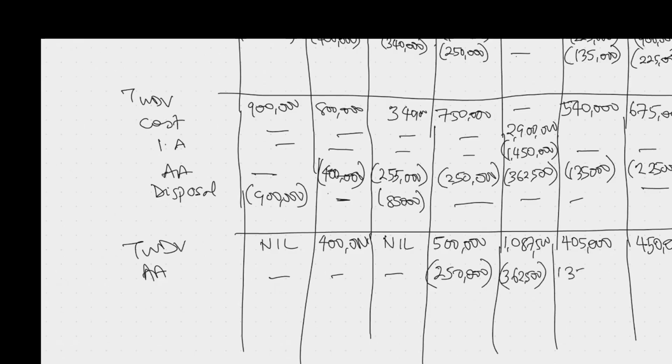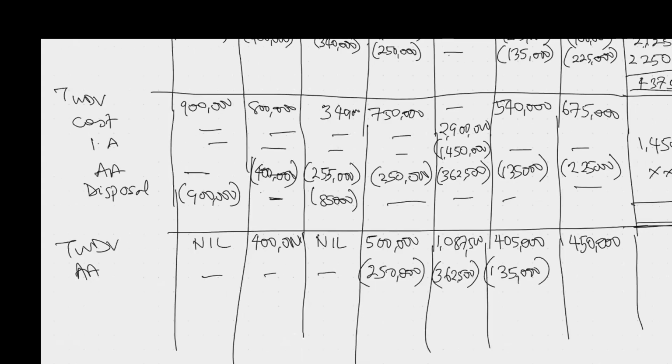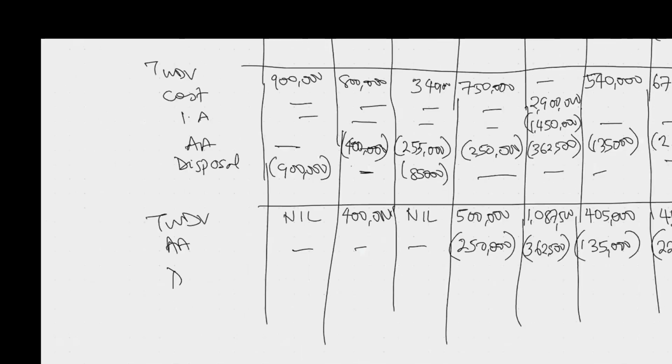Annual allowance for this guy is 225,000. Now, disposal, 400K. We have disposed it. Nothing again. So you get your total allowance and we'll close it there.